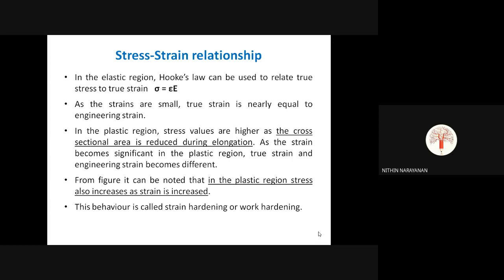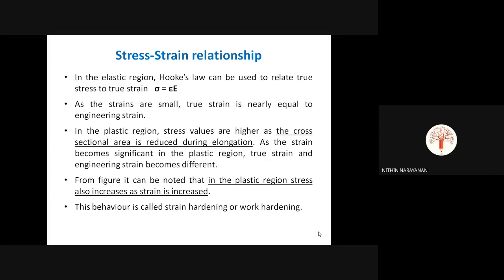In the plastic region, in true condition, the cross section area is reducing, so the values of stress are higher in that condition. As the strain becomes significant in the plastic region, true strain and engineering strain become different. So in the plastic region, the true stress strain curve and the engineering stress strain curve will be entirely different.